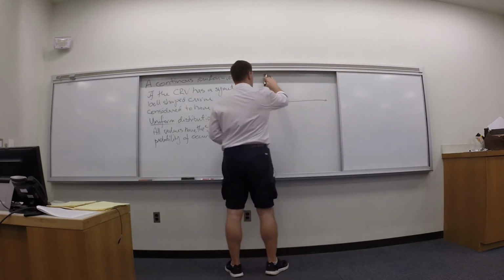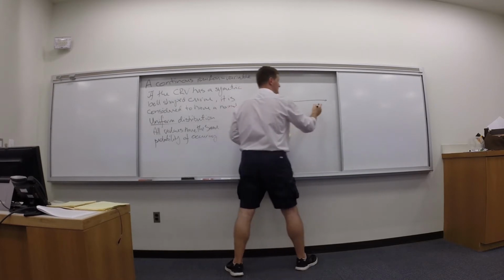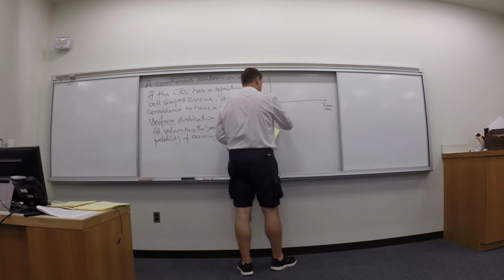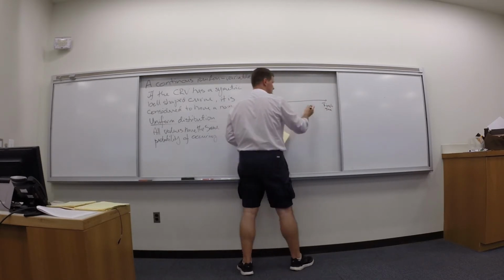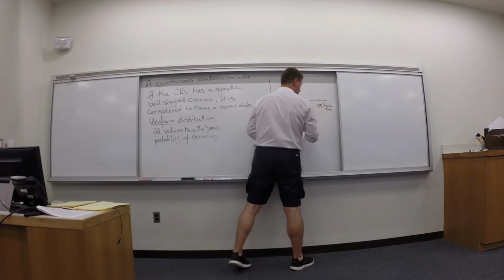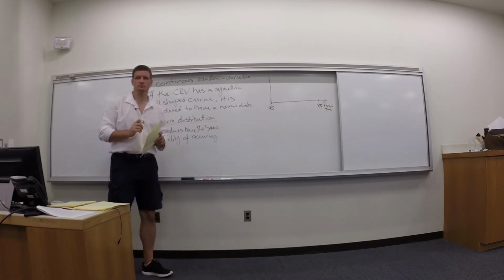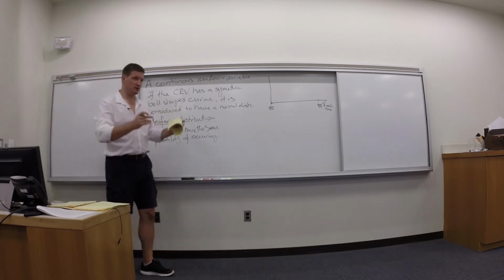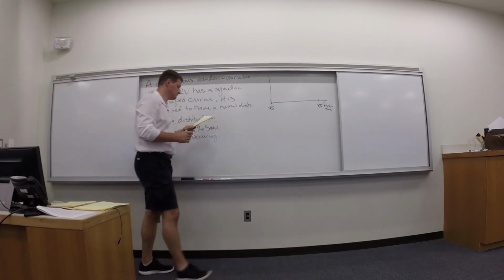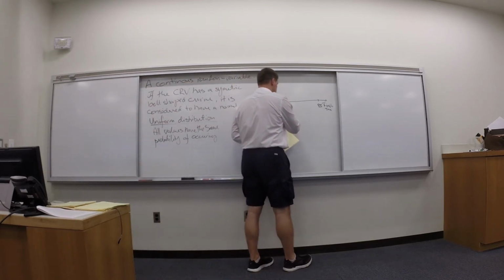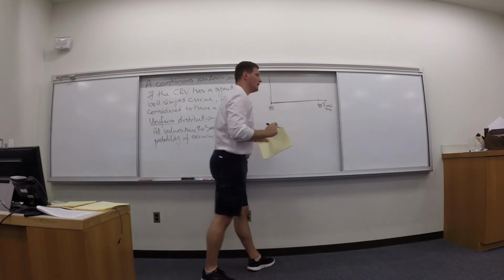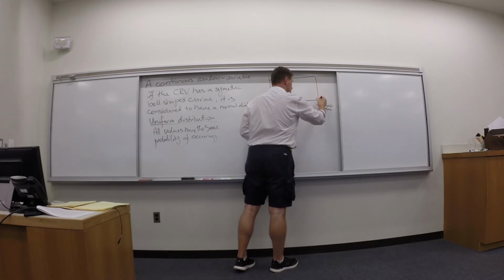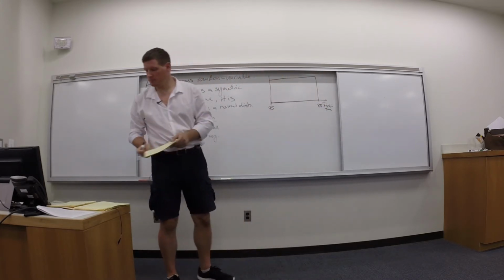So let's say we look at our finish times between 75 minutes and 85 minutes. Let's say I don't overrun 85 minutes and I don't underrun 75 minutes. I want to talk about uniform distribution.